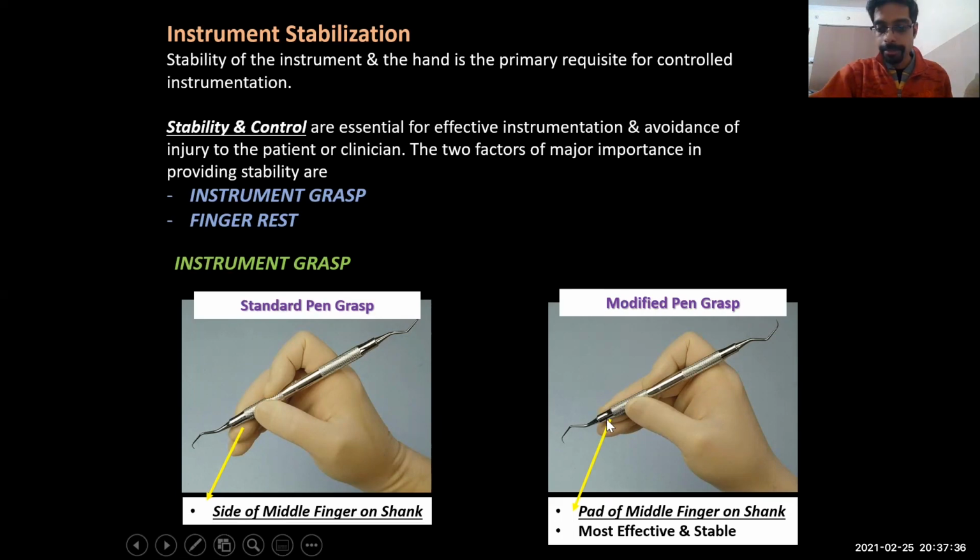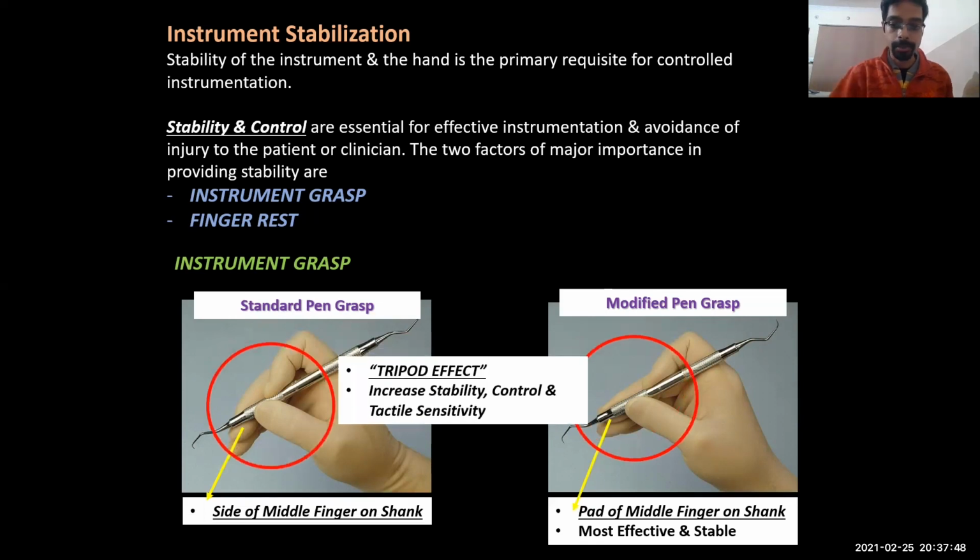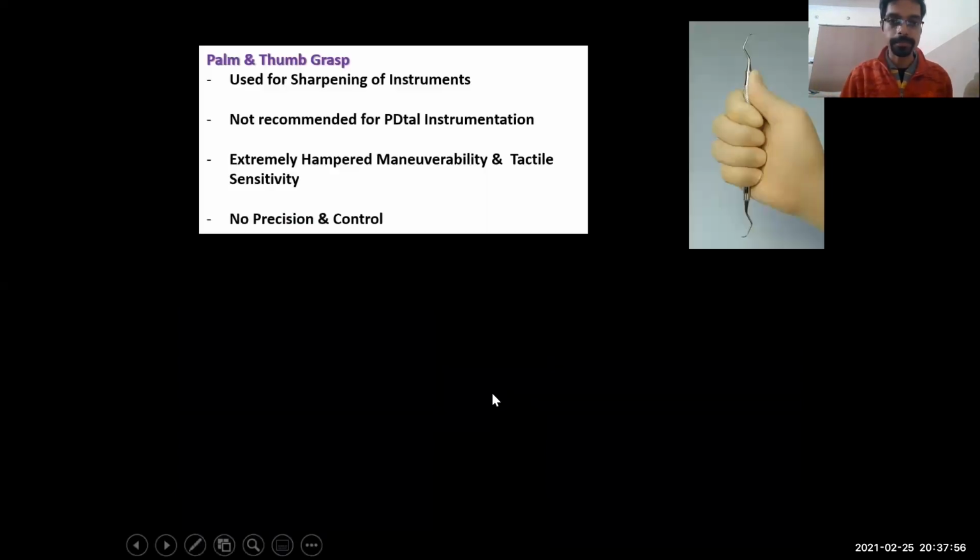And in the modified pen grasp, the pad of the middle finger is placed on the shank, and it is a very effective and stable grasp. It forms a tripod, which is known to increase stability, control, and tactile sensitivity.